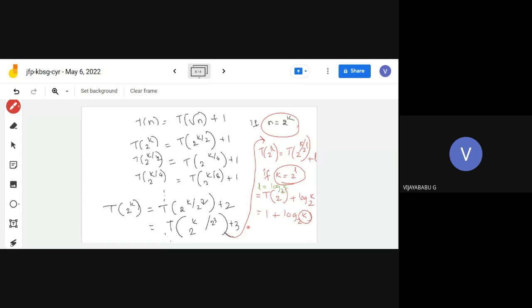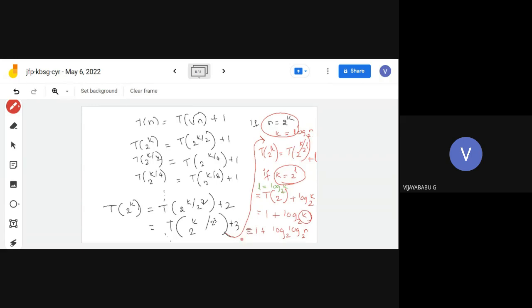So here, this is equal to 1 plus log of log n base 2, because here k is equal to log n to the base 2.